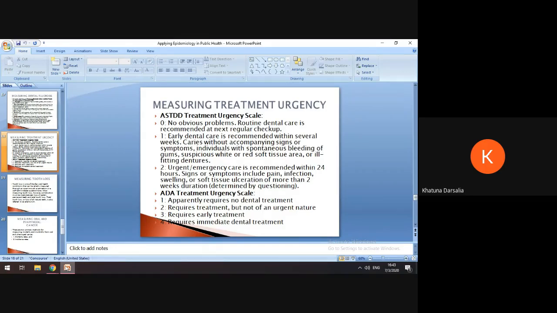The first is the American Dental Association, which developed a four-level treatment urgency scale in the 1950s, and the second organization is the ASTDD, which developed a three-level treatment urgency scale in 1999. Most public health programs now use the ASTDD scale because of its improved reliability.